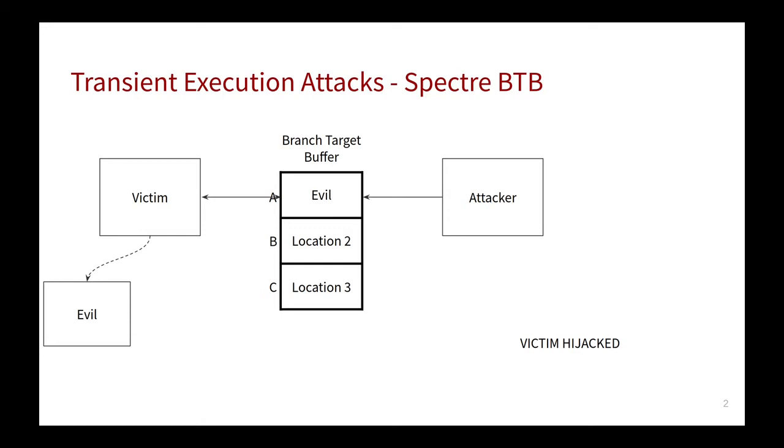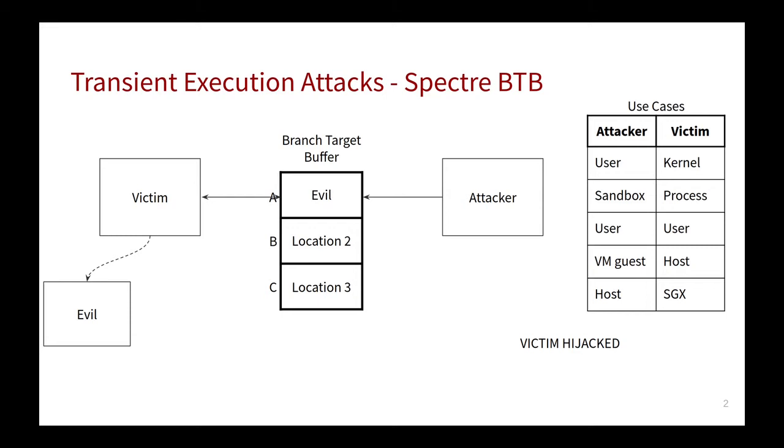And if this possible location contains some side channel code, then the attacker might be able to leak some information out of the victim. This type of attack can be performed in different scenarios, and this table represents some of those cases.